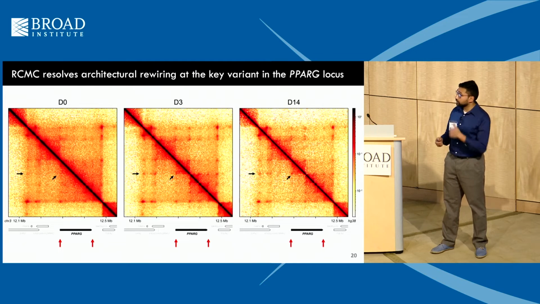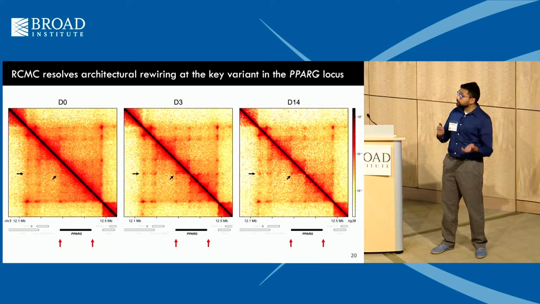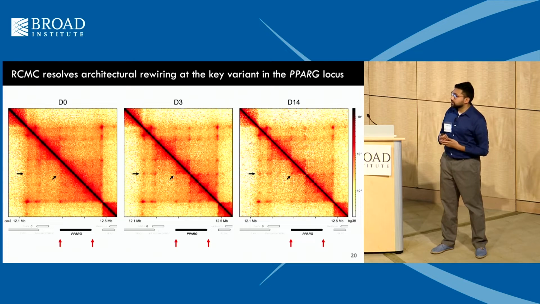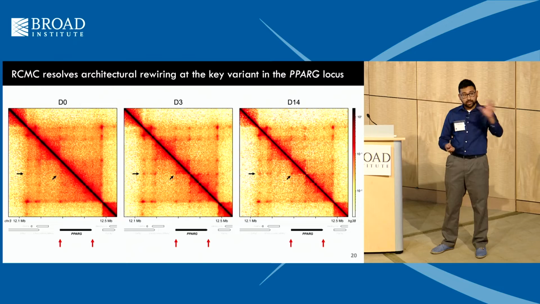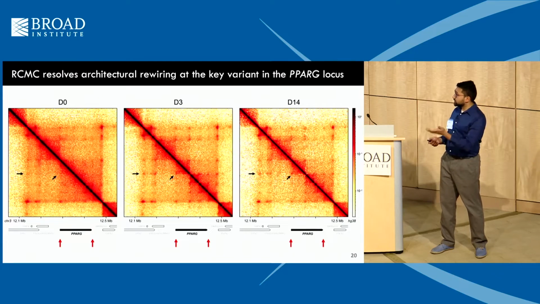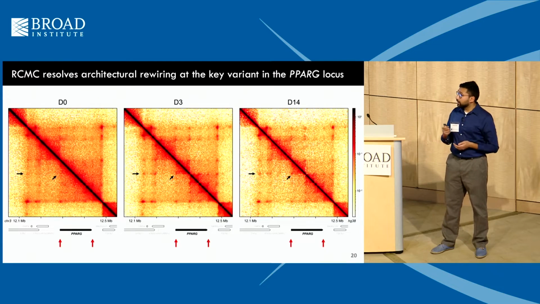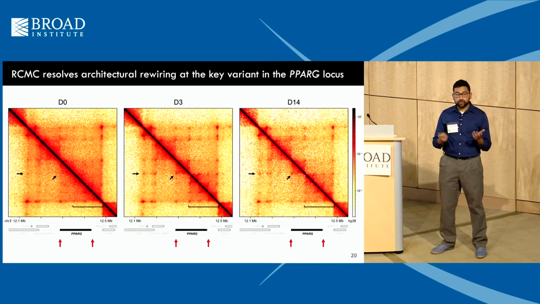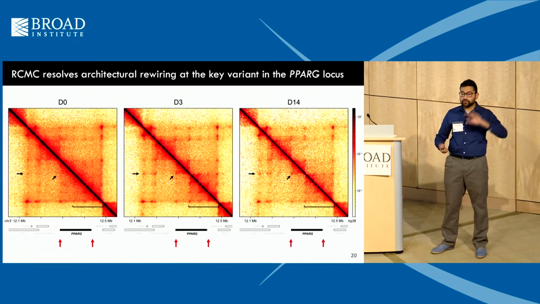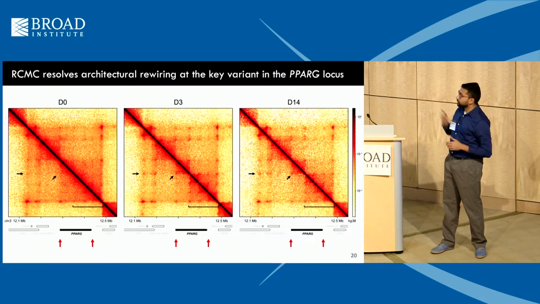You also see some contacts emerge upstream where PPARG is interacting with genes that are in the local genomic neighborhood, like TIMP4 and SYN2. And then interestingly, you also see the creation of a new domain that has been subdivided out of the original day 0 domain by the time we get to D14.